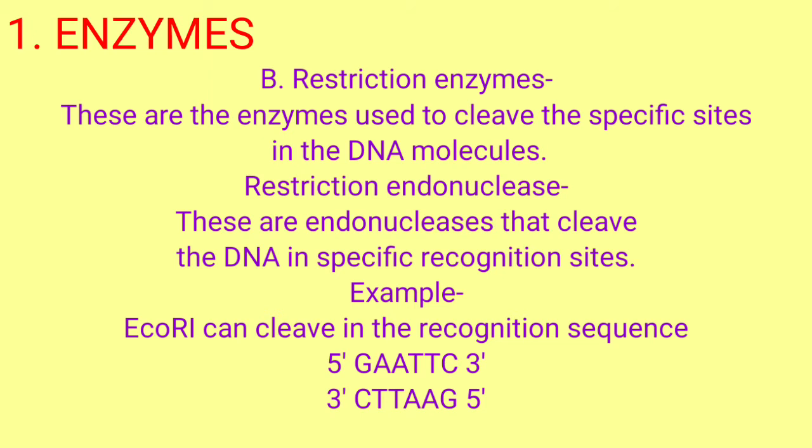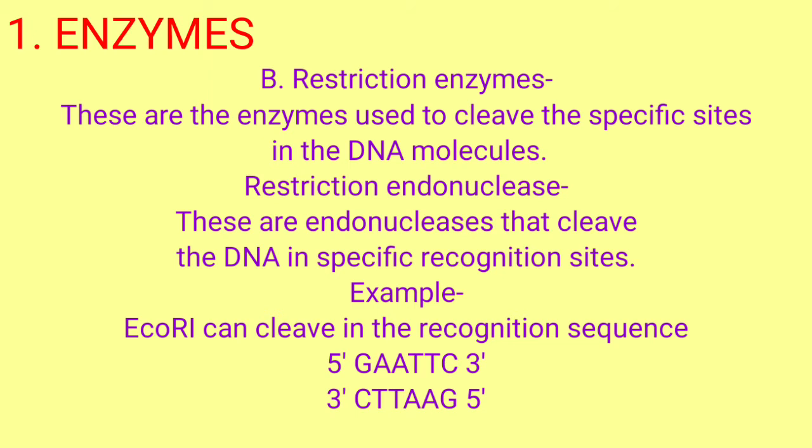Now definitely there will be the complementary DNA for that, and that will run with polarity 3 prime to 5 prime, as you can see in the picture. So here you can read the other DNA from the 5 prime to 3 prime side, and there also you will read the same sequence, GAATTC.